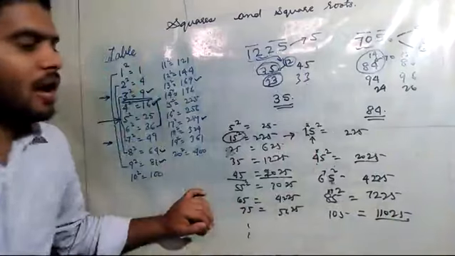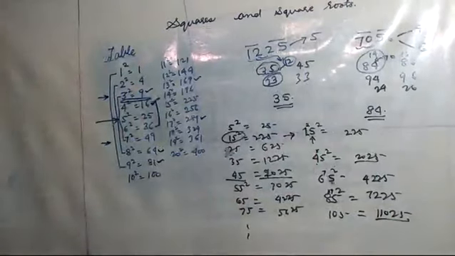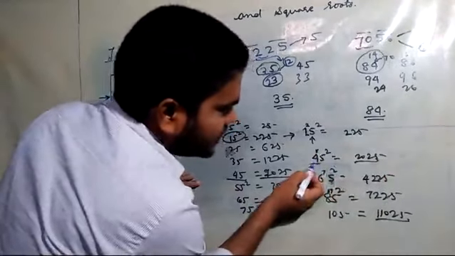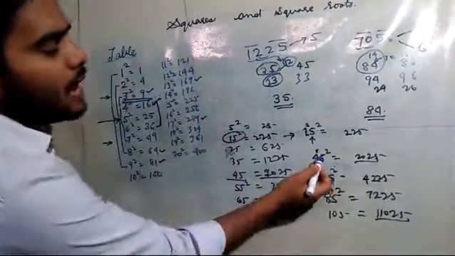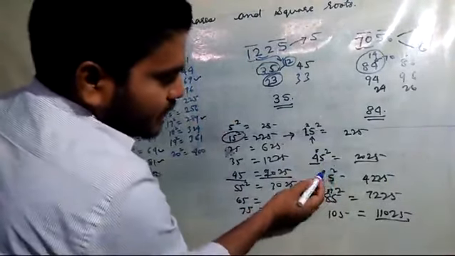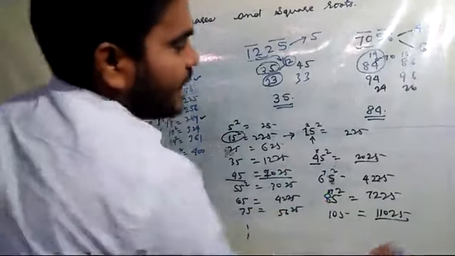So your answer will be 11025. Now in this way you can verify how we are doing, my dear students. We are writing 5 square and then whatever digit is left, we have to multiply with the next consecutive number. 4 multiplied with 5, 6 multiplied with 7, 8 multiplied with 9, 10 multiplied with 11 and so on.